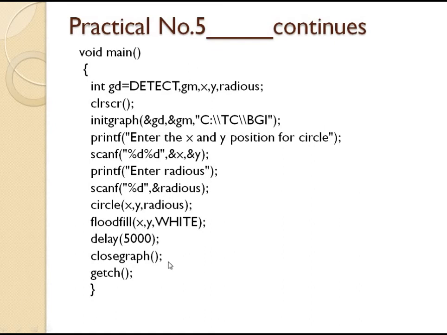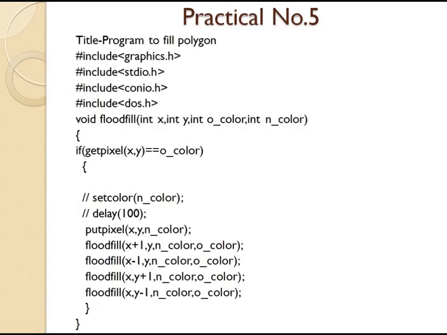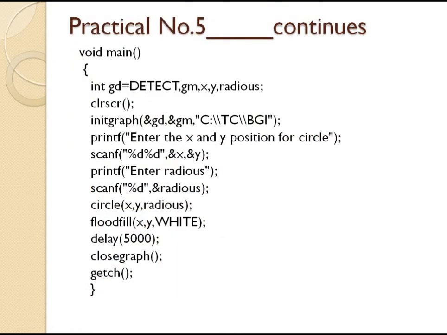Then closegraph and getch are used for closing the graph and closing our program. Basically in the flood fill algorithm we fill color in a polygon, and here is the 4-connected region. By using the flood fill function we fill color in a circle, and white is the border color of our polygon.